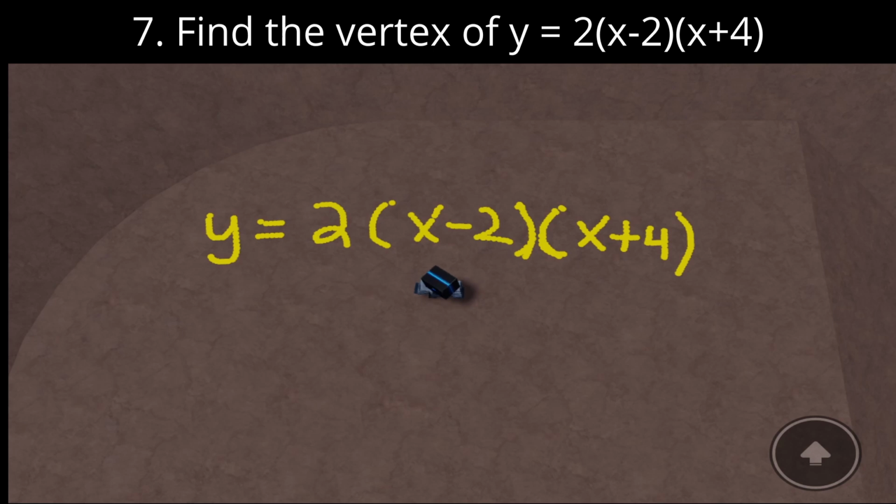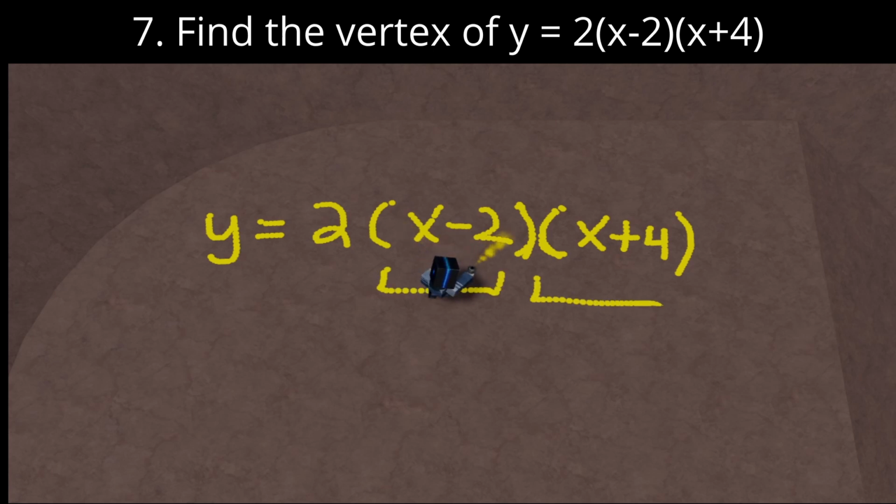Here we need to find the vertex of the equation y equals 2 times x minus 2 times x plus 4. To do this, we need to recognize that this equation is in intercept form. You know it's in intercept form because it has been factored into two binomials. And let me just quickly review what intercept form is and why it's important.